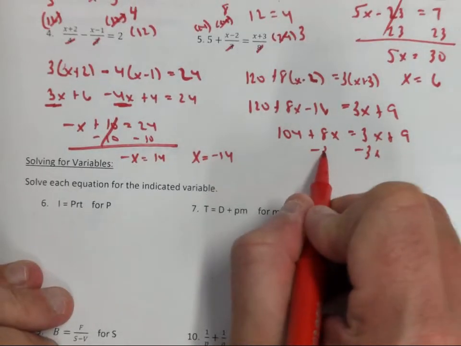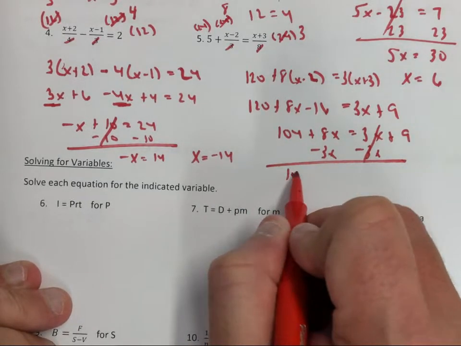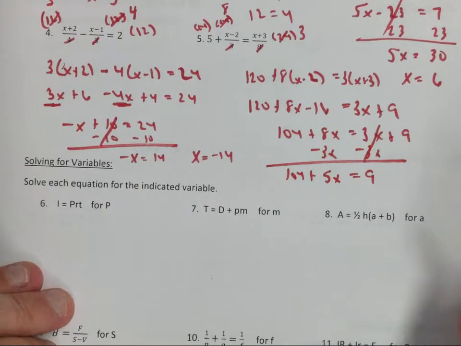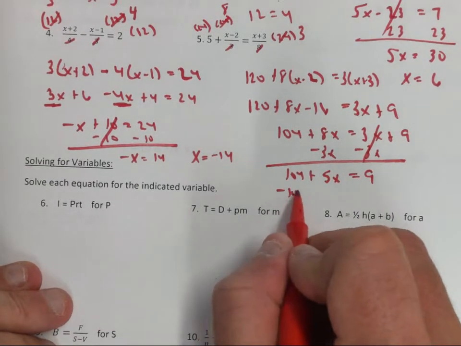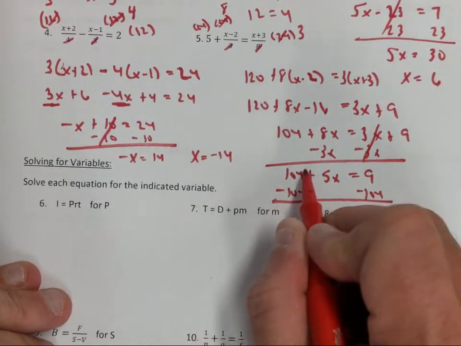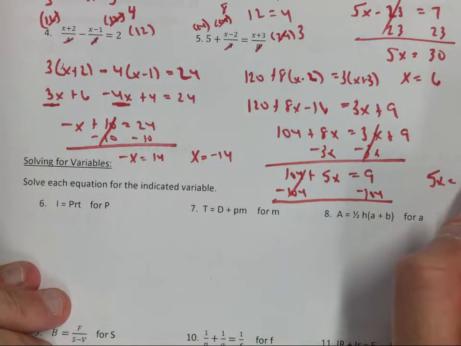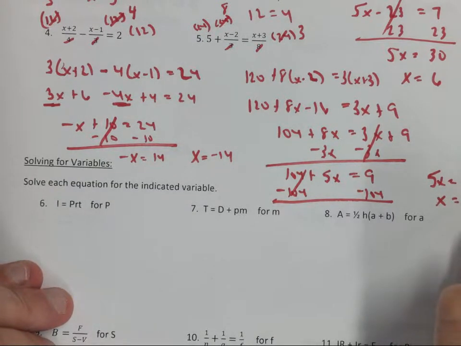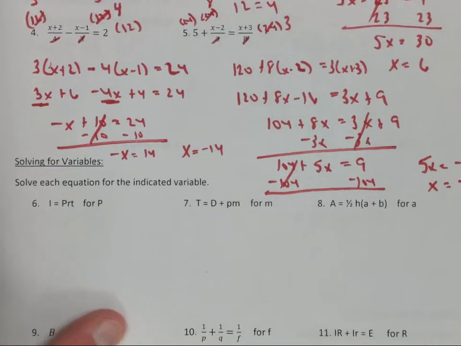Move this over. 104 plus 5x equals 9. Move the 104 over. I'm left with 5x equals negative 95. And x equals negative 19. Is that correct? Y'all got to calculate it good.